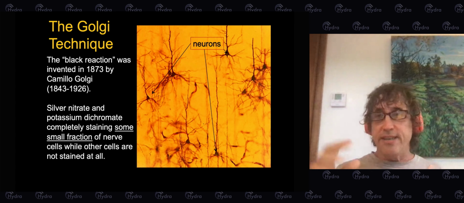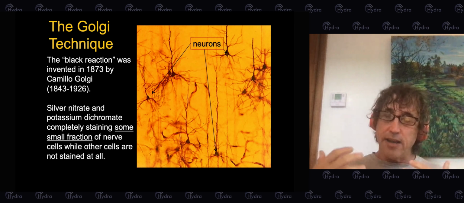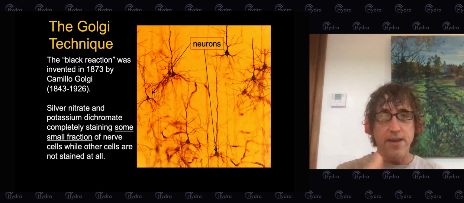The idea of actually getting images of neurons is not new. Even though connectomics, the field I'm in, is about mapping these connections at the level of synapses, people have created images of neurons before, and maybe many of you have seen images that look like what I'm showing you here. This is an image created using the black reaction technique invented by Camillo Golgi at the end of the 19th century.